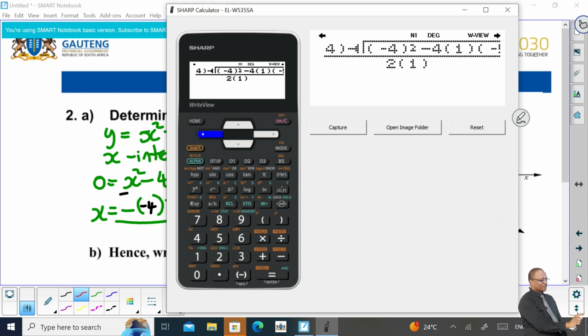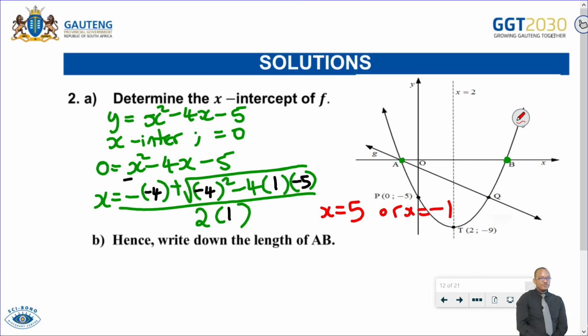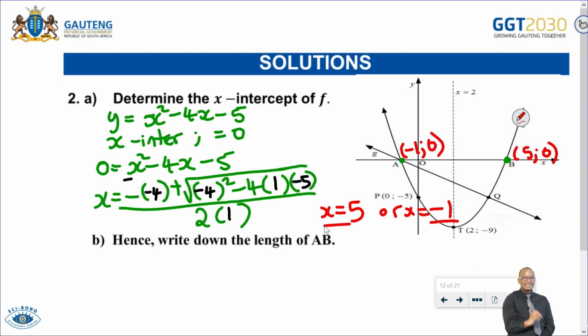Now we have negative. So when you say equal to, the next x value is -1. That's how you use your calculator to punch in your quadratic formula. Now we have 5 and -1. A is from the negative, and B is supposed to be +5. Correct. So that's how you determine the x-intercepts using your quadratic formula.